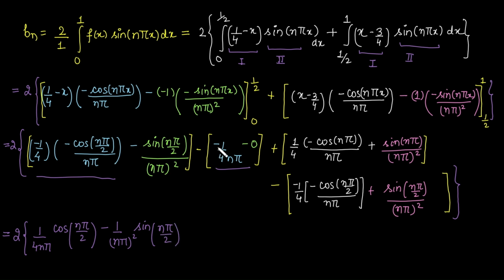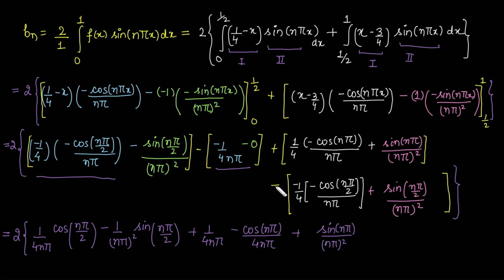And in this case, negative negative is a positive, plus 1 by 4 n pi, and this term is 0. From here, what we have, this is a negative sign, and here we have a positive. So overall is a negative cos of n pi divided by 4 n pi, and here we have positive sine of n pi divided by n pi square.